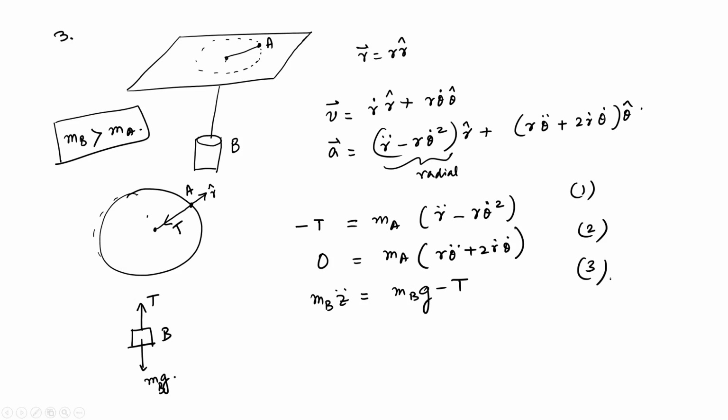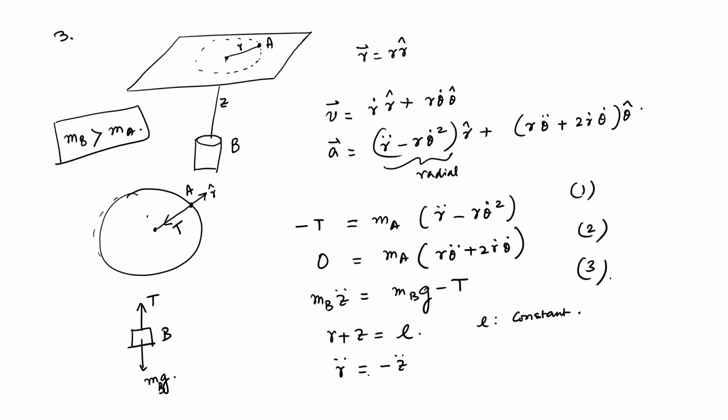So, these are the three equations that you have to solve, where r is the radius of the orbit, and z is the hanging part. That is why we have written m B z double dot. So, r plus z remains constant, equal to L. That tells you that there is a relationship between r double dot and z double dot, because L is constant.